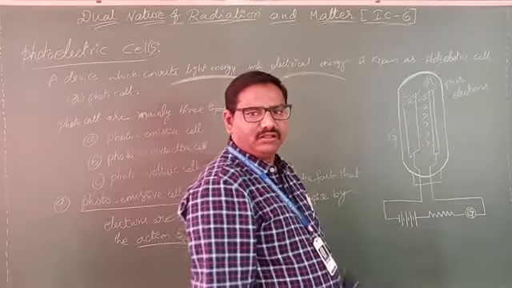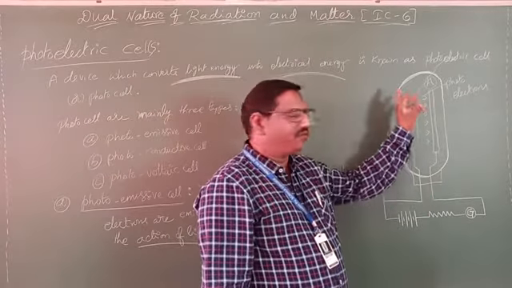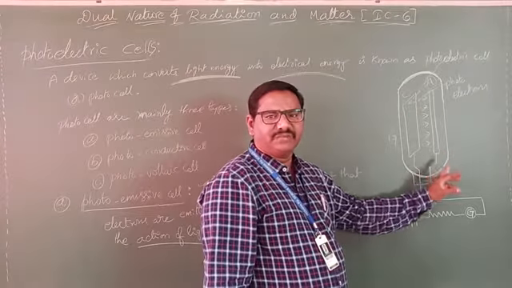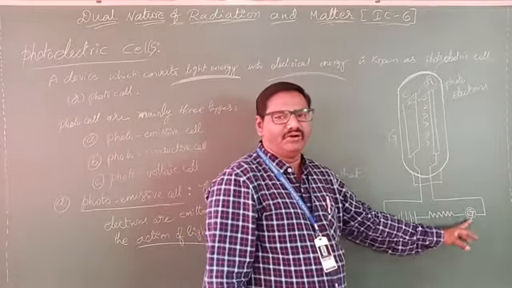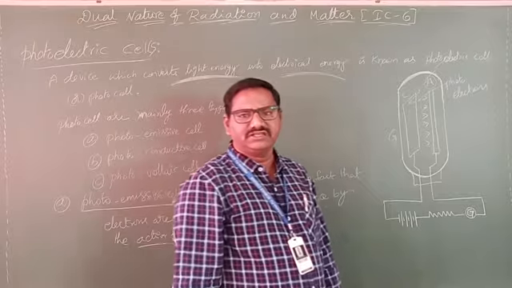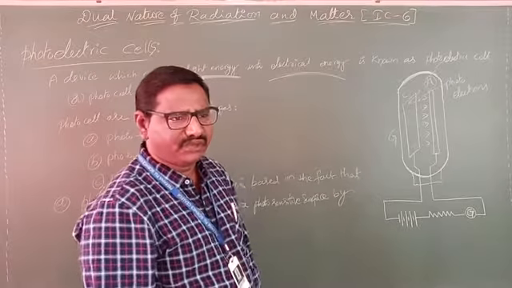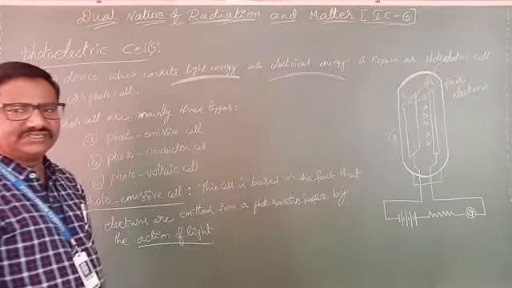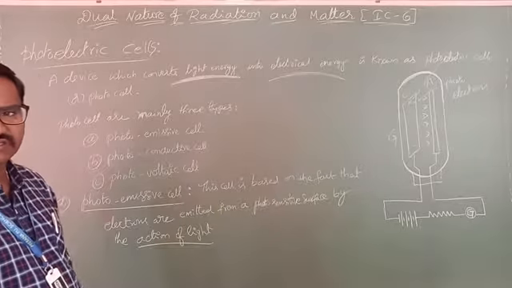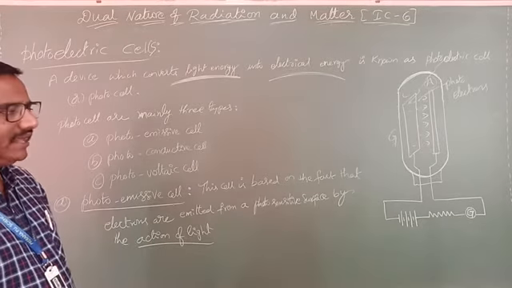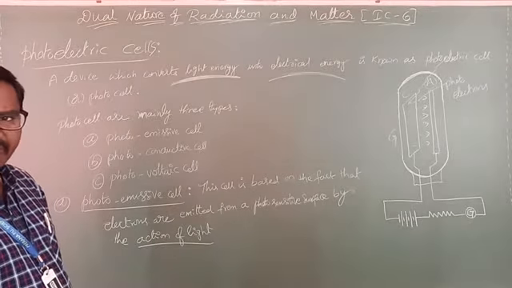Then the photocurrent is observed through this galvanometer. This is the photoemissive cell. If light is incident on a photosensitive metal surface, electrons are ejected from the metal surface.